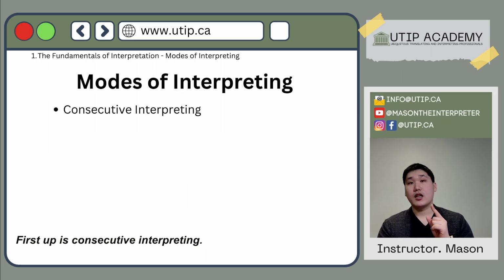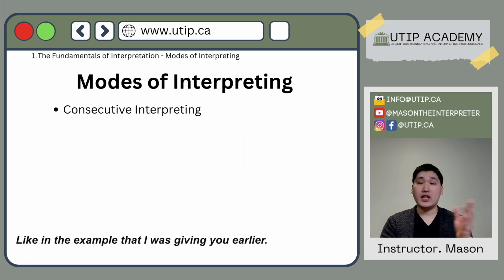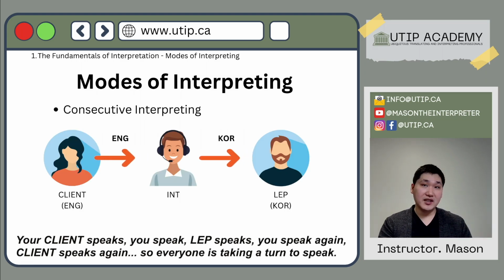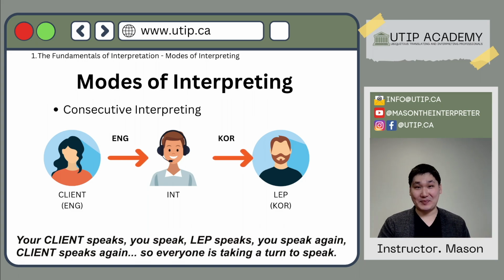First up is consecutive interpreting. As the name suggests, consecutive interpreting is when the interpreting is done in turns. Like in the example that I was giving you earlier, your client speaks, you speak, LEP speaks, you speak again, client speaks again. So everyone is taking a turn to speak.